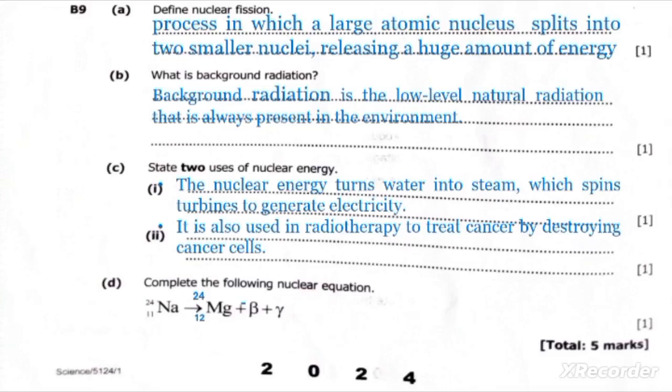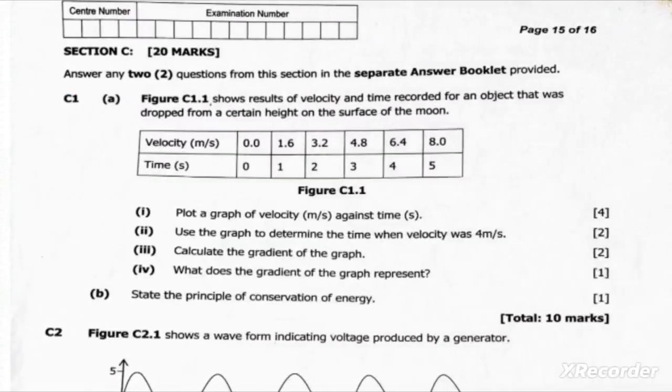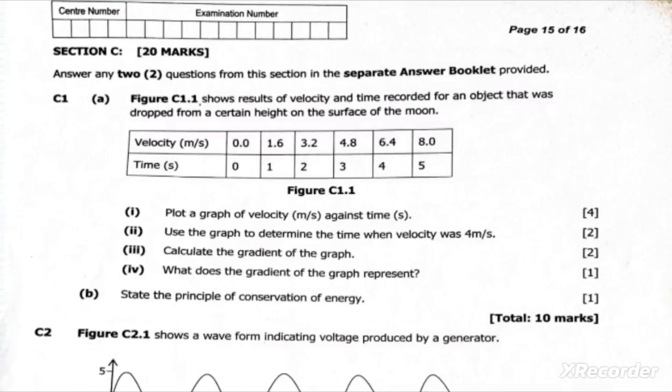Now let us shift to section C. Here we are expected to answer 2 questions, but since we are revising this paper, we are going to answer all 3 questions. Question C1A.